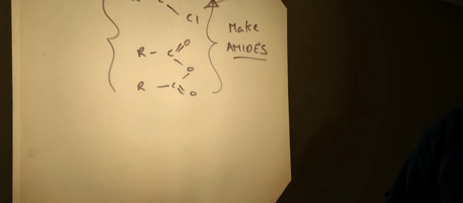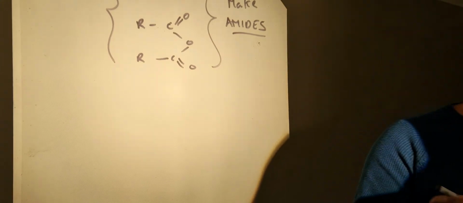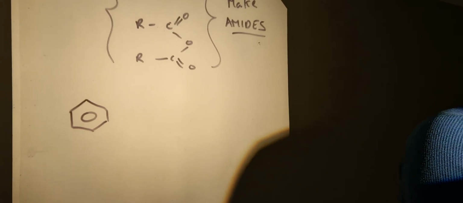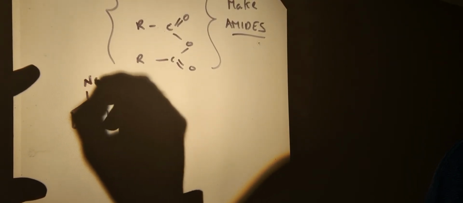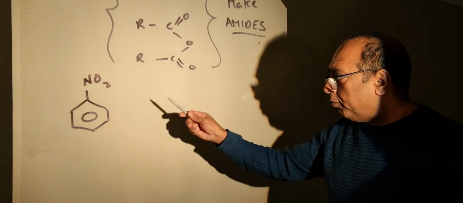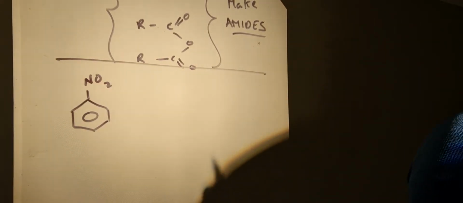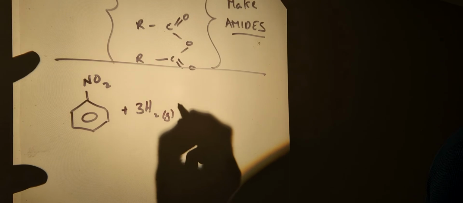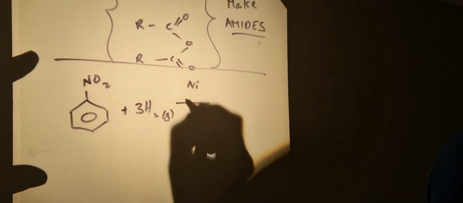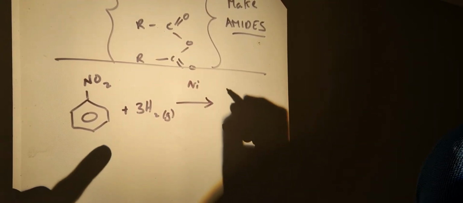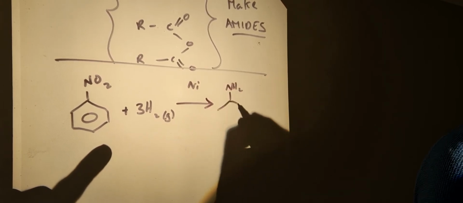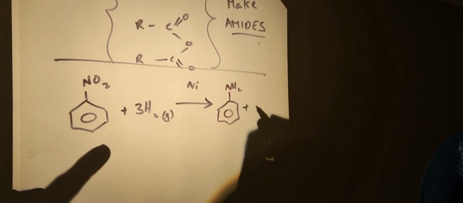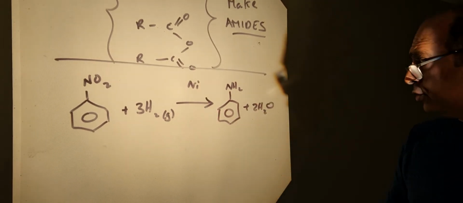What else? Well, we've not mentioned anything about aromatics. So if we had an aromatic like nitrobenzene and we reacted it with hydrogen gas in the presence of nickel catalyst, you would get NH2, you get the phenylamine or aniline, and 2 lots of water.